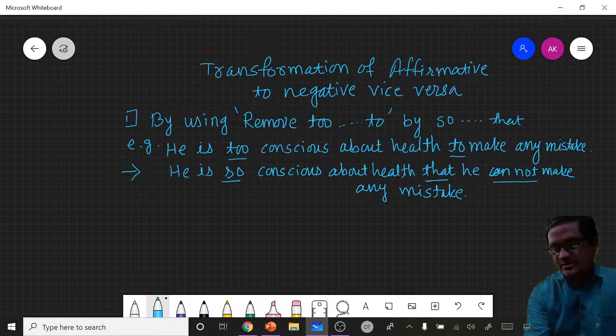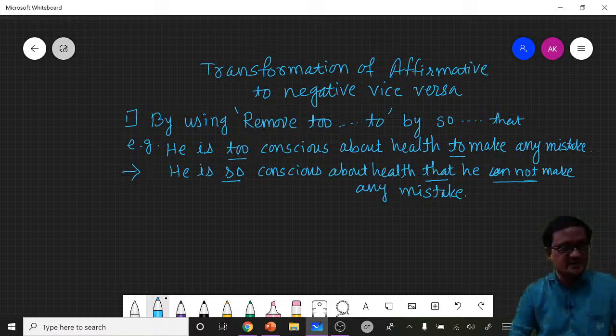Here 'cannot' shows that this is the negative sentence, and the first one was the affirmative sentence. This is how we can conduct this activity by transforming the affirmative to negative. We can do the same activity in a vice versa manner.